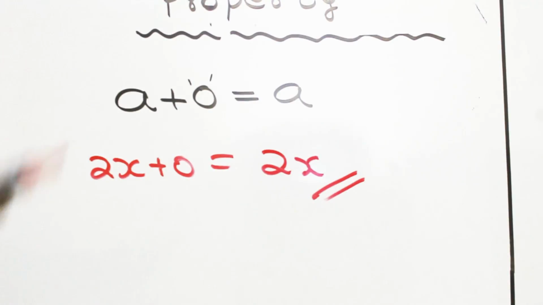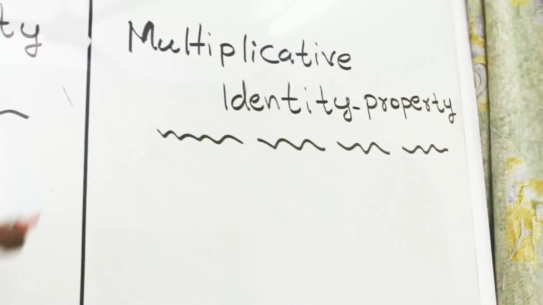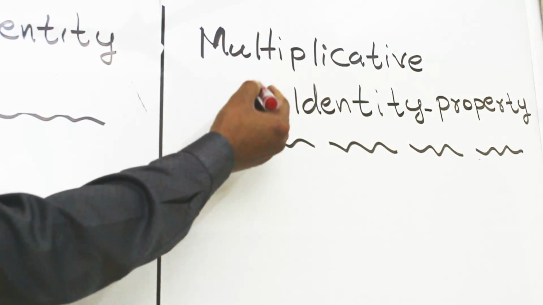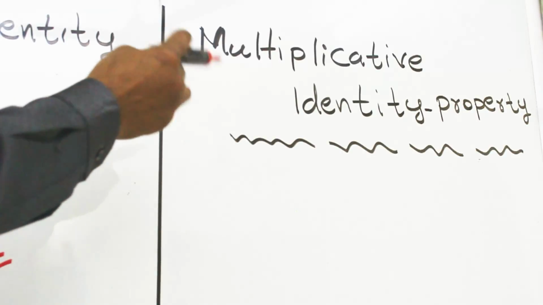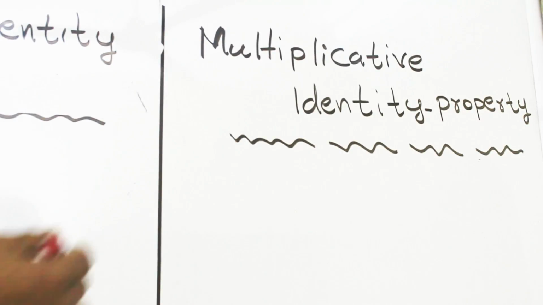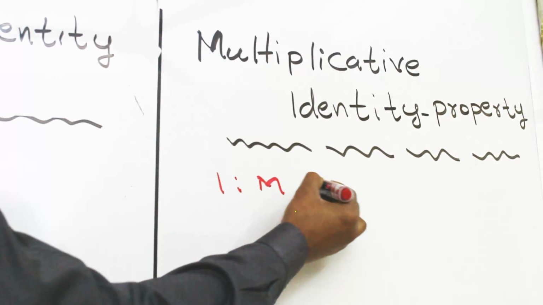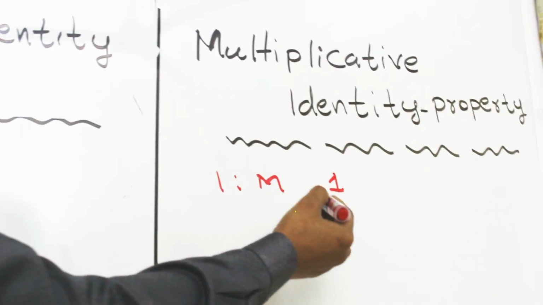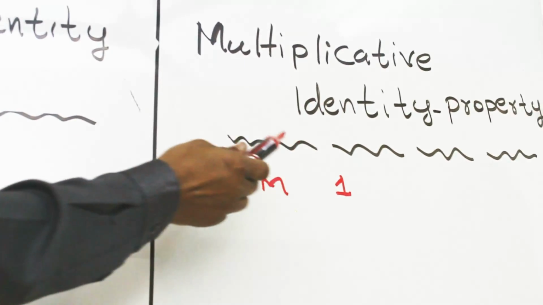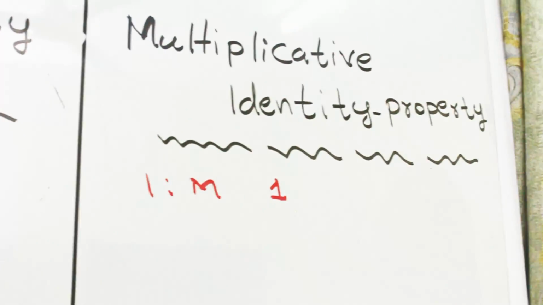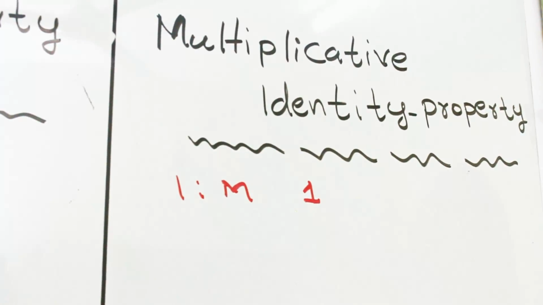Then we have the multiplicative identity property. The identity of multiplication is 1 here. Why 1? If you multiply any number by 1, you will get the same number.